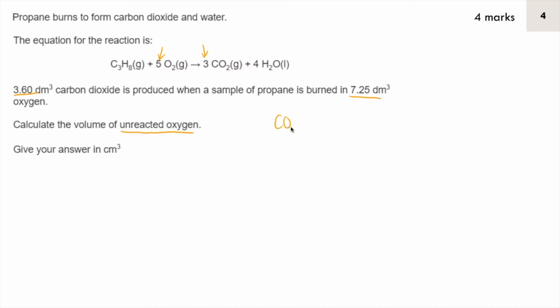Okay, so carbon dioxide to oxygen, there's 3 moles of carbon dioxide made when 5 moles of oxygen reacts. So to get from 3 to 5, you have to divide by 3 and times by 5.